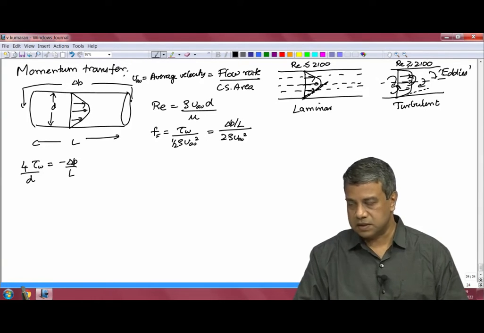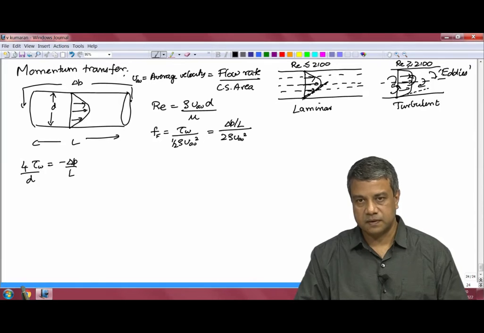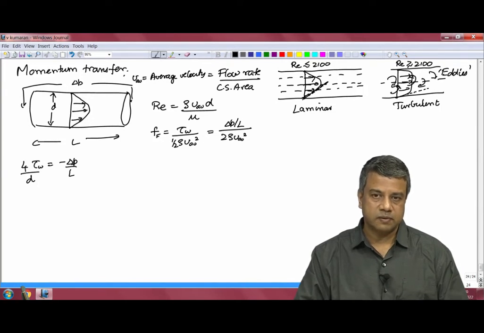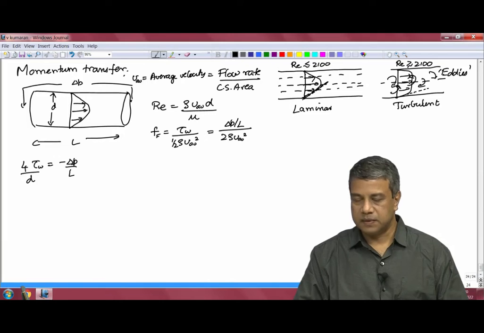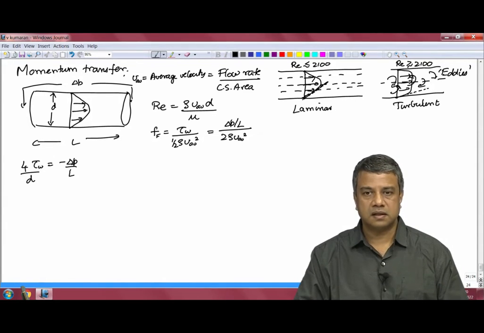So, these are large scale fluctuations in all three directions at each point in the flow, which transport mass, momentum and energy across the flow. The mechanism of transport is due to the fluid velocity fluctuations. This mechanism is far more efficient than the transport due to diffusion due to molecular velocity fluctuations.